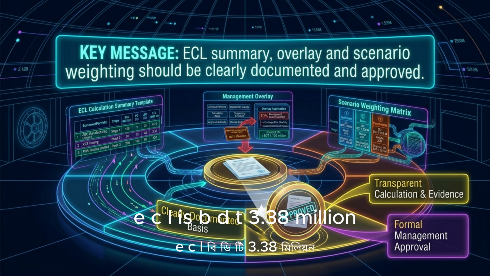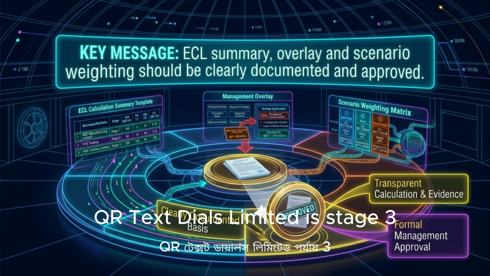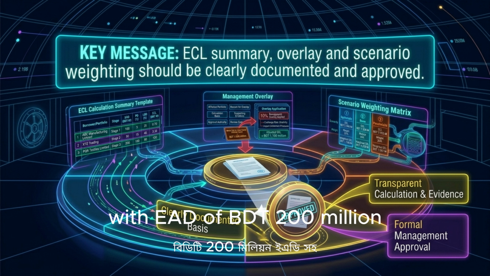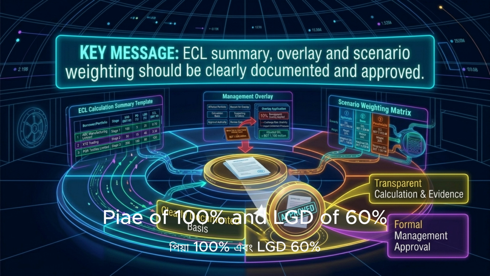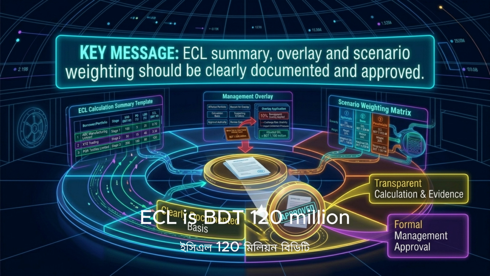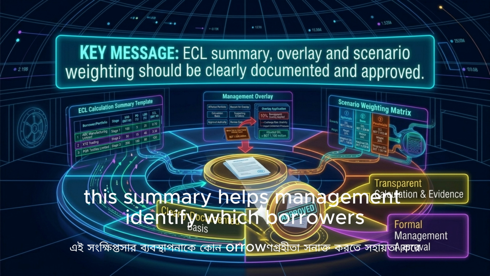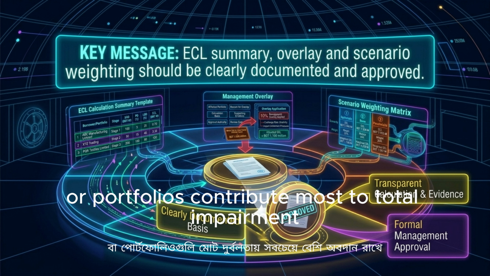ECL is BDT 3.38 million. QR Textiles Limited is Stage 3 with EAD of BDT 200 million, PD of 100%, and LGD of 60%. ECL is BDT 120 million. This summary helps management identify which borrowers or portfolios contribute most to total impairment.